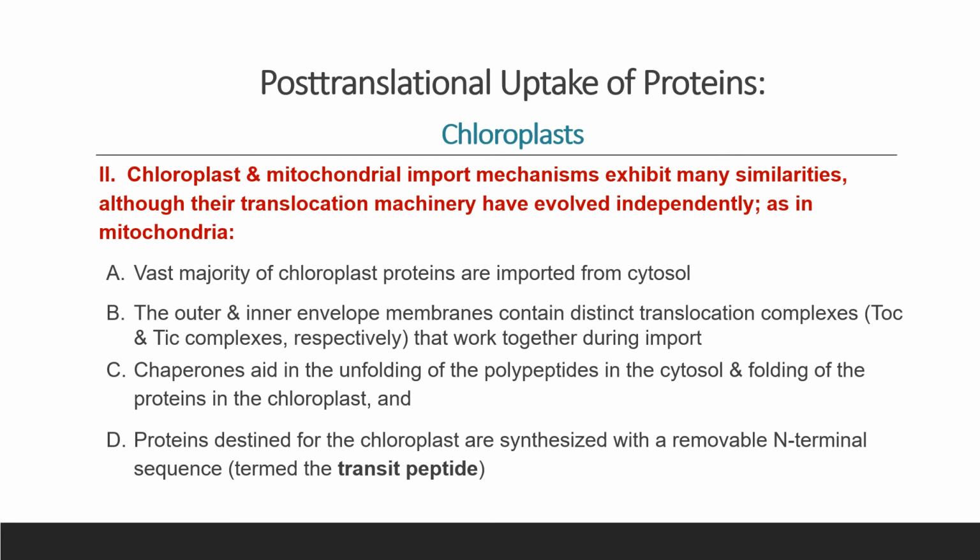Chaperones aid in the unfolding of the polypeptides in the cytosol and refolding of the proteins in the chloroplast, and proteins destined for the chloroplast are synthesized with a removable N-terminal sequence termed the transit peptide.